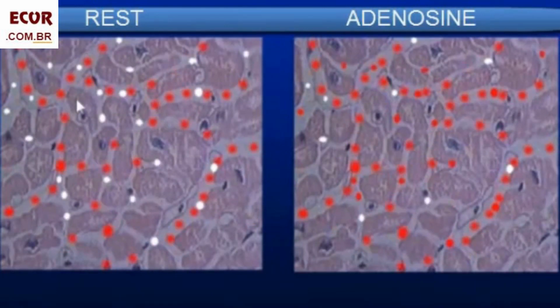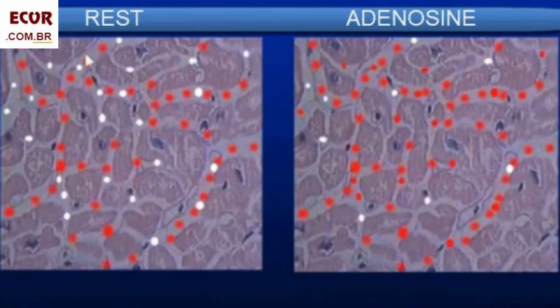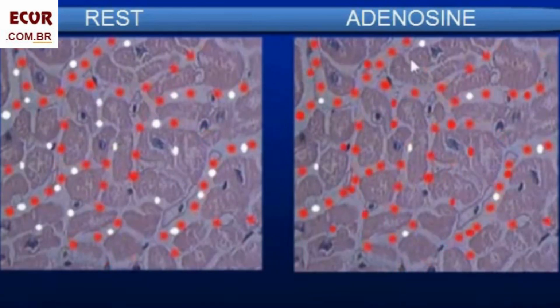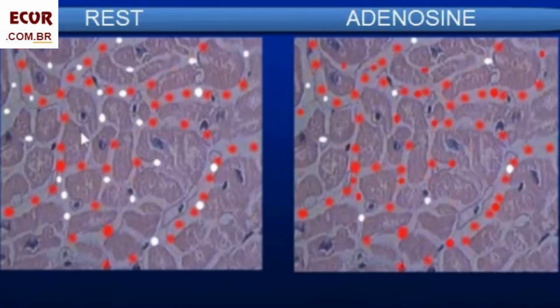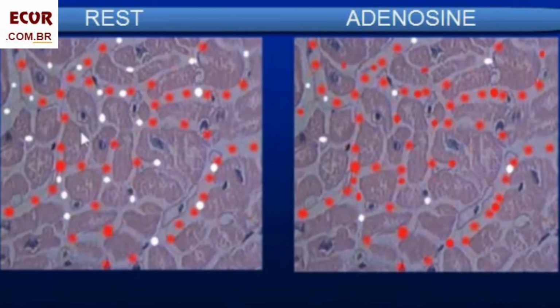The normal wall has coronary reserve and will respond to adenosine, immediately dilating the arterioles, and hence there will be coronary steal, and blood will be transferred from the ischemic toward the non-ischemic wall. And with the blood go the microbubbles, and the normal wall will get brighter. The ischemic one will get darker. Simple as that.